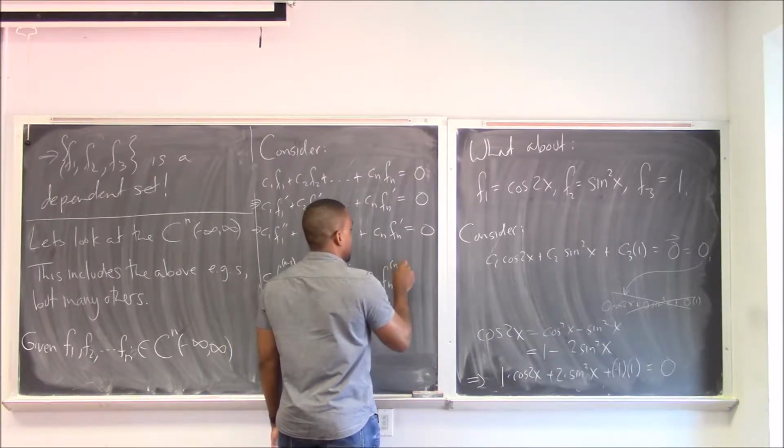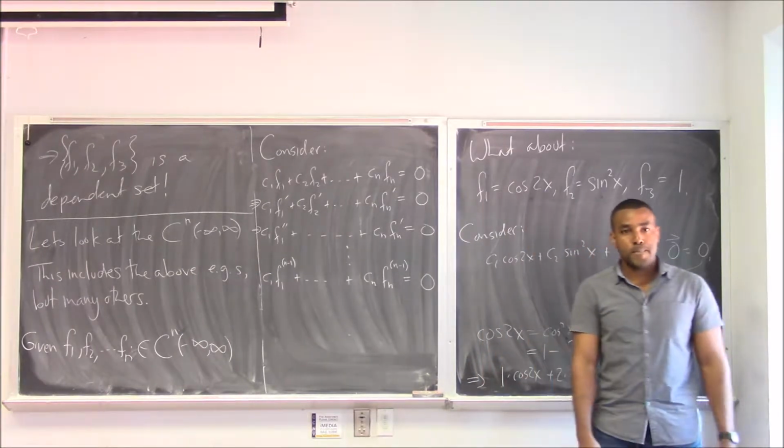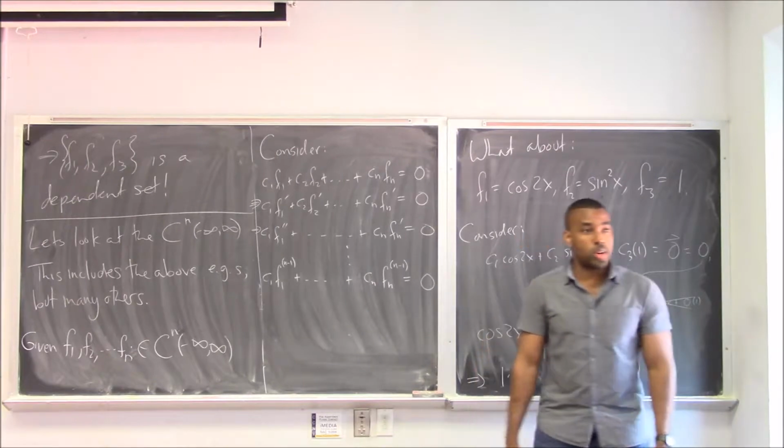Now you might ask, why did I stop at n minus 1? Because it turns out then the coefficient matrix over here is going to be a square matrix.